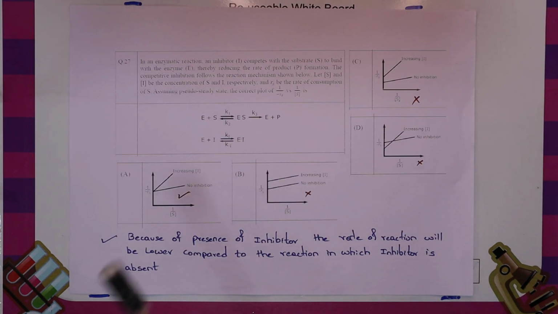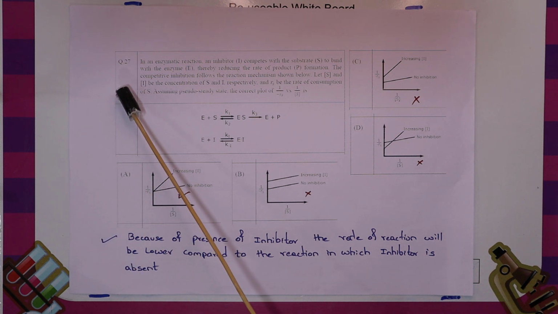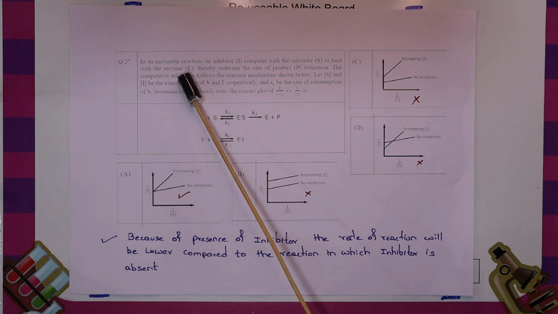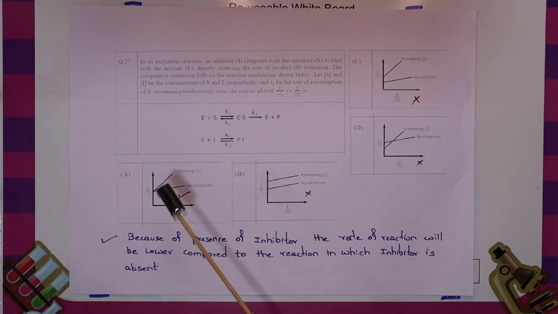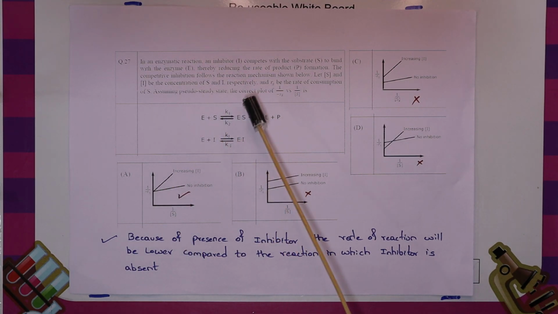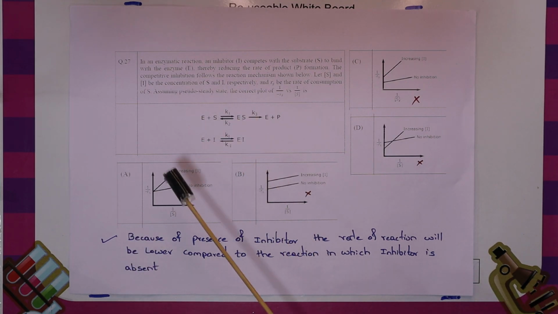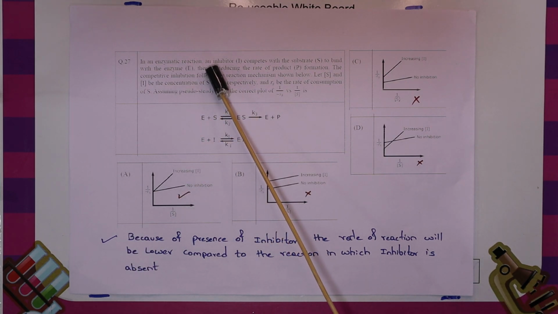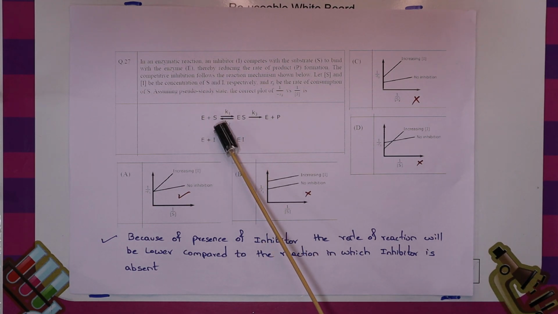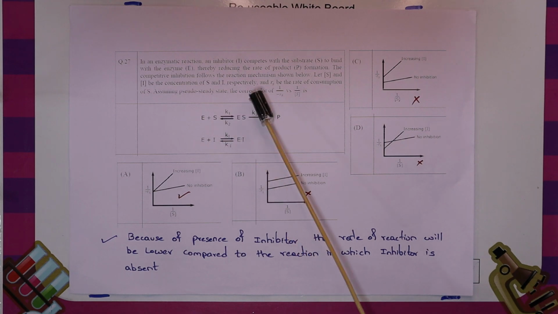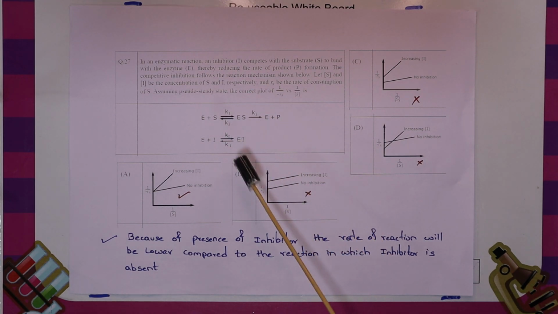This is question number 27. It is with respect to enzymatic reactions. Before we attempt to solve this problem, you should know a few basics about the reaction. In biochemical reactions, the feed molecule is termed a substrate.